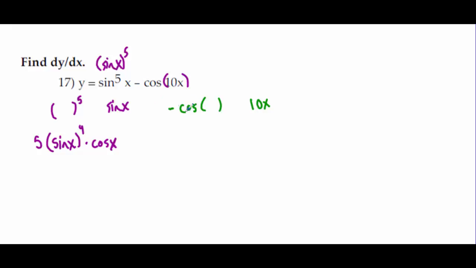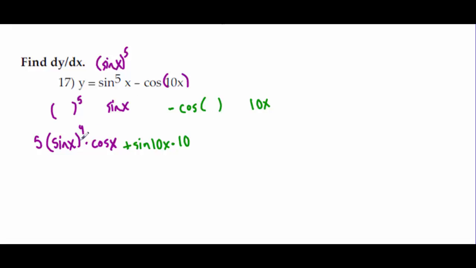The derivative of negative cosine will be positive sine, and whatever I started out with inside has to stay inside. So this is sine 10x. Then I times it by the derivative of the inside. The inside of this is 10x. The derivative of that is 10.